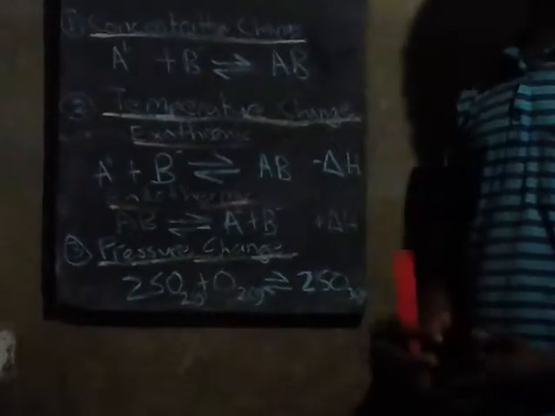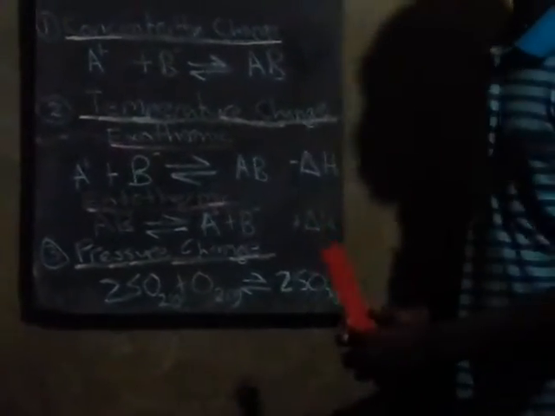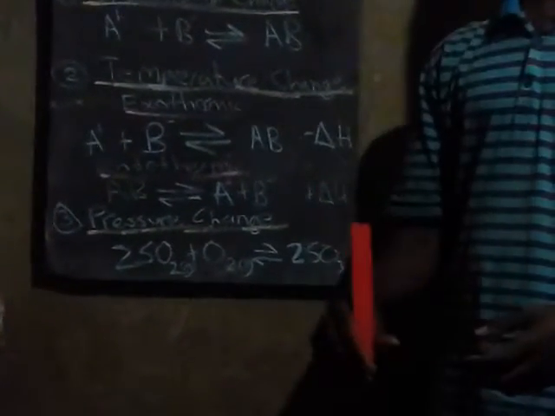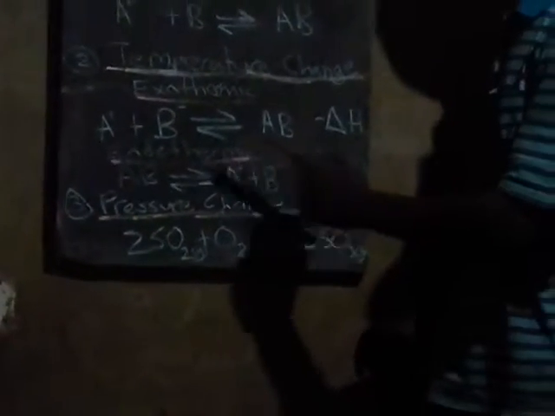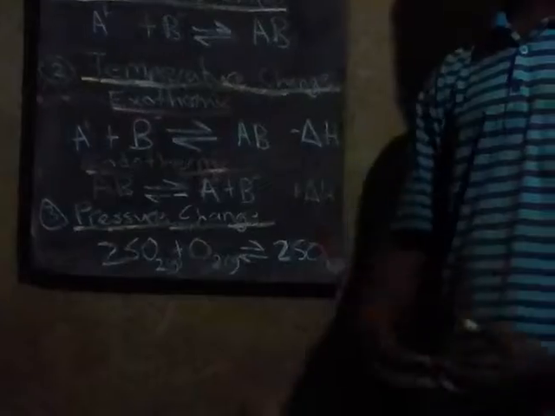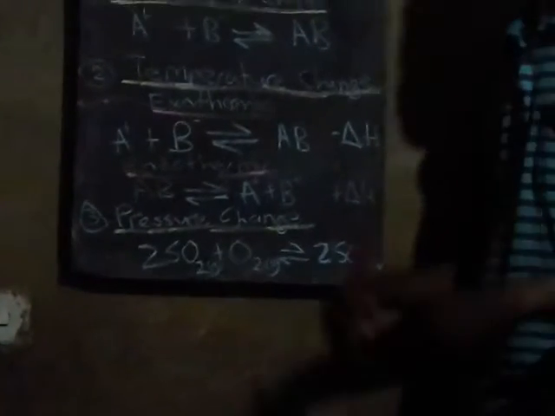If we increase the temperature, that would imply that we are giving it more heat, whilst the forward reaction releases heat into the environment. So what will happen in the equilibrium is it will favor the reverse reaction, which takes away heat from the environment, so as to mitigate this disturbance which has been caused to the equilibrium.